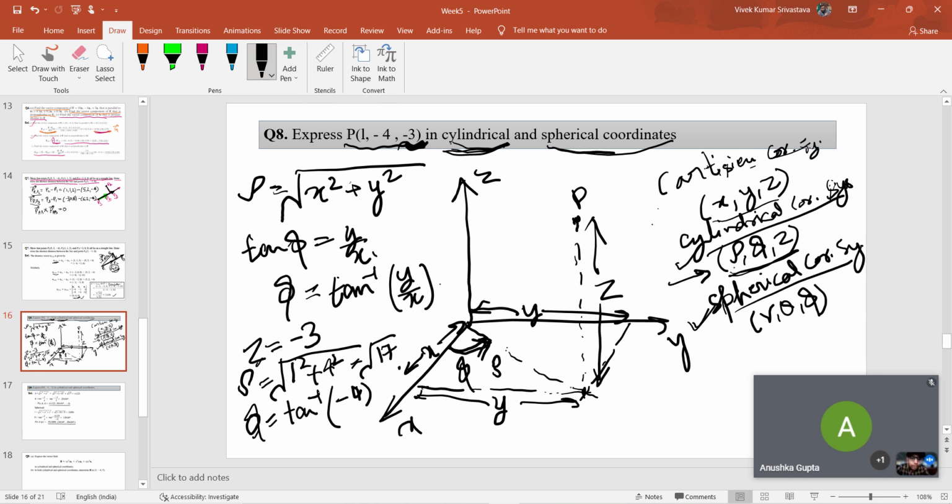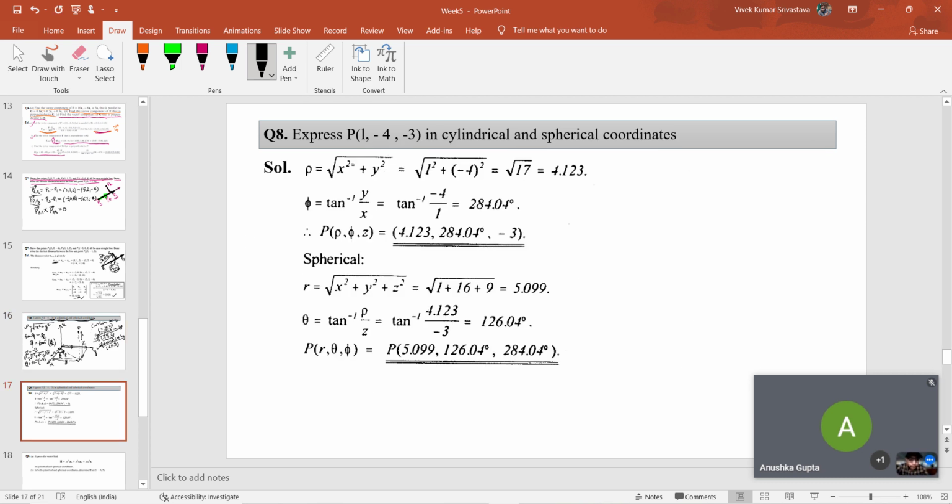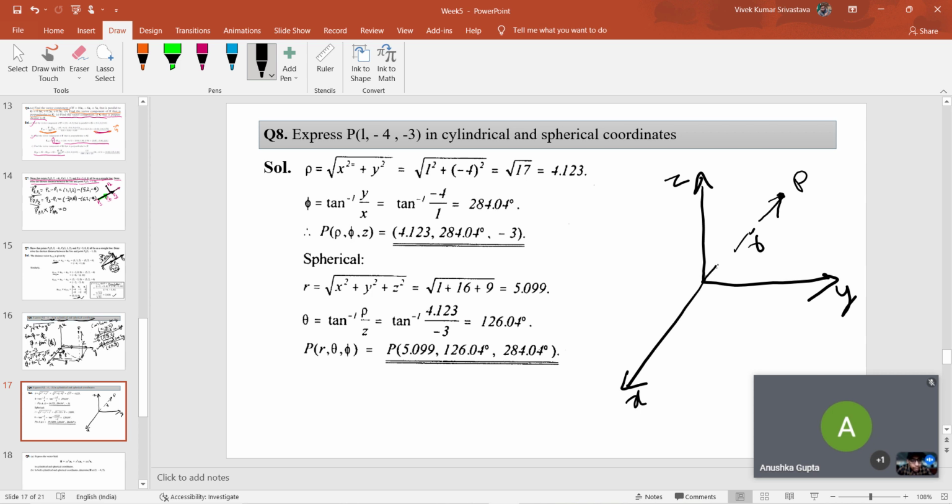Similarly, you can find out the value in the spherical coordinate system by yourself. So I am giving you a hint: let us suppose x, y and z is given to you, and this represents the point P. This represents the R. Once you take the projection of this point in the xy plane, this represents the phi, and the angle from the z axis represents the theta.